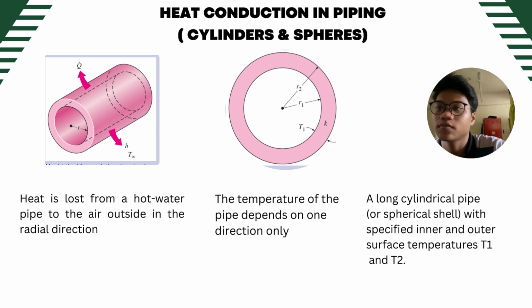The temperature of the pipe depends on the radial direction only, which can be expressed as T equal to T(r). So a long cylindrical pipe or spherical shell has specified inner and outer surface temperatures T1 and T2. In a spherical shell, with specified inner and outer surfaces, also temperatures T1 and T2.